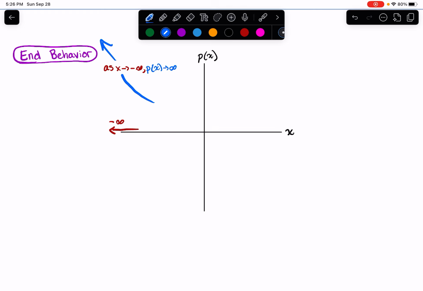As x is getting really small, really negative, our y values are increasing. The other option is as x approaches negative infinity, p of x could be decreasing and going to negative infinity as well. So if our graph is heading down to the left, we would say as x approaches negative infinity, p of x approaches negative infinity.